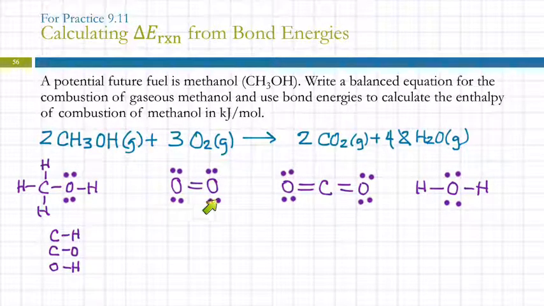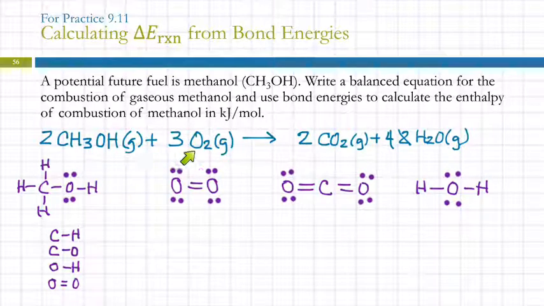And then we also have an oxygen-oxygen double bond. So I'm looking at all the different kinds of bonds in my reactants. Does that make sense? Now let's figure out how many there are.